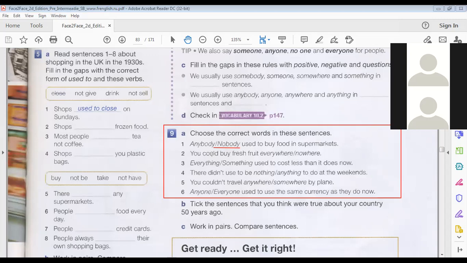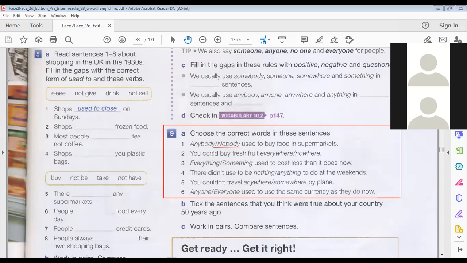Which one would you use here? Okay, just a minute. There didn't used to be anything to do at the weekends. That's correct. There didn't used to be anything to do. Because it's negative, we need to use anything. That's absolutely right, yes. Okay, great.